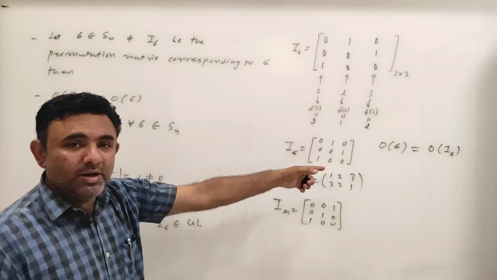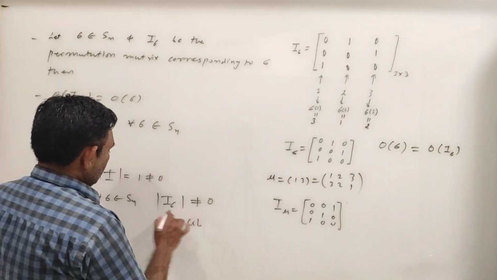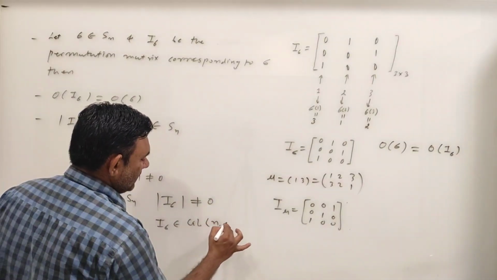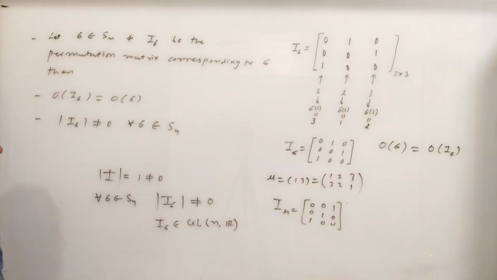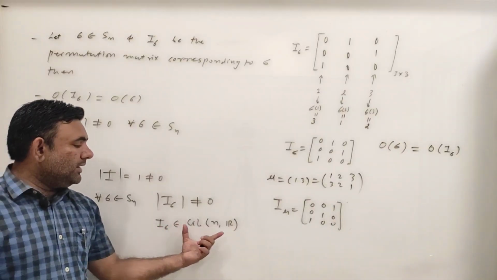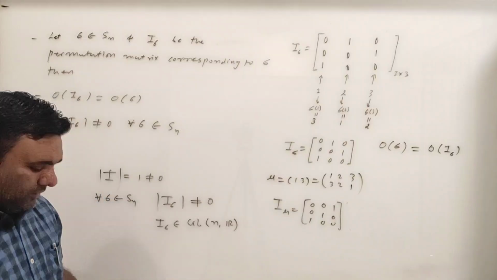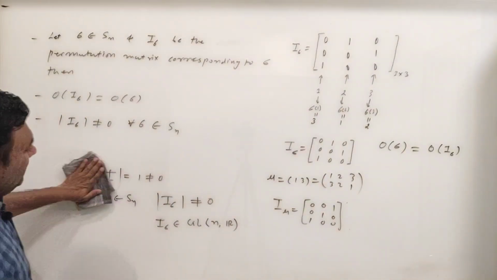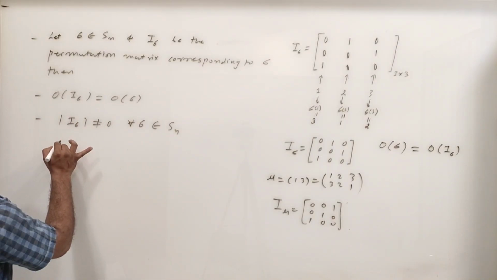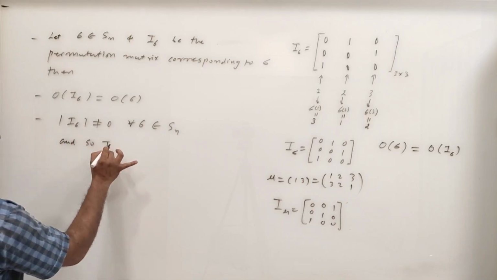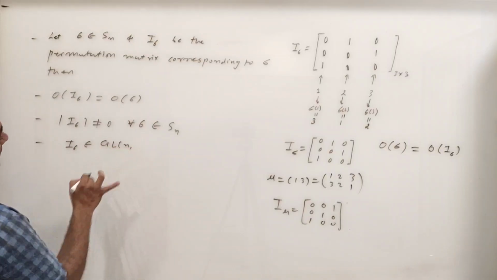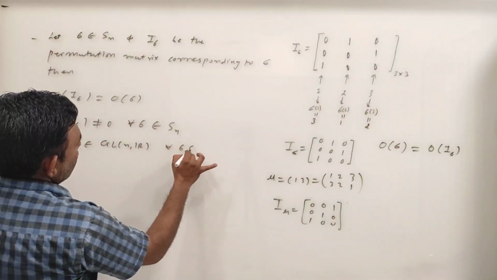Here in the example we have 3 by 3, but in general n by n, since we deal with Sn and the identity matrix of order n, it will be an element of GL n R. So for every sigma belonging to Sn, I sigma will be an element of GL n R, right? Let me write the third one: I sigma belongs to GL n R for all sigma belonging to Sn.